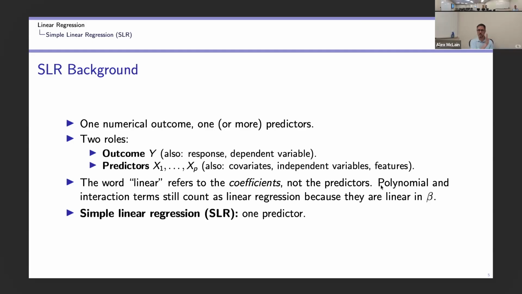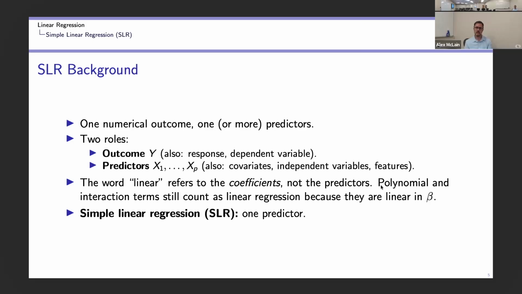So we have some continuous outcome, and we have some predictor variables. The outcome, we could also call the dependent variable. The predictor variables, I will usually call them the predictors or the covariates. People also call them independent variables. Features is another term; you'll hear that more in the machine learning literature, but I'll usually go with predictor variables or just covariates.